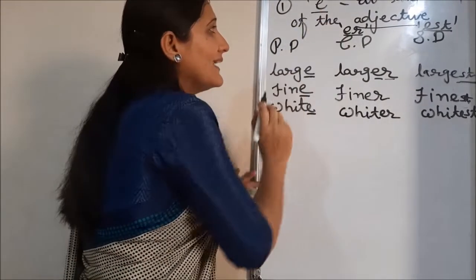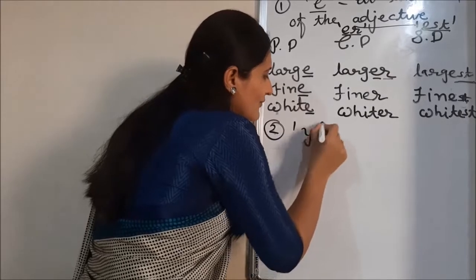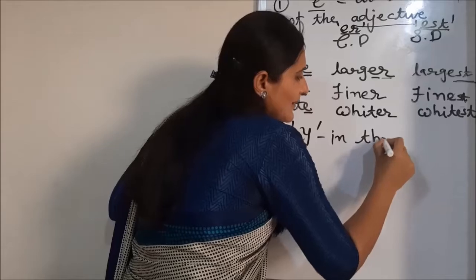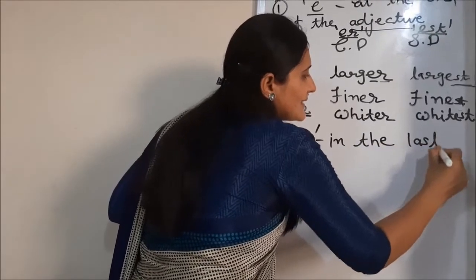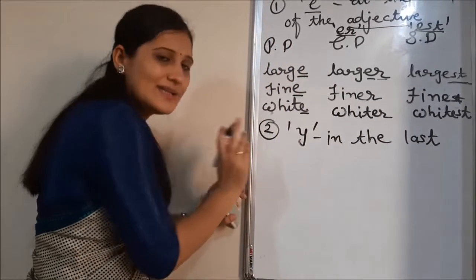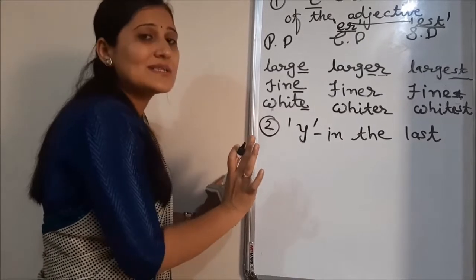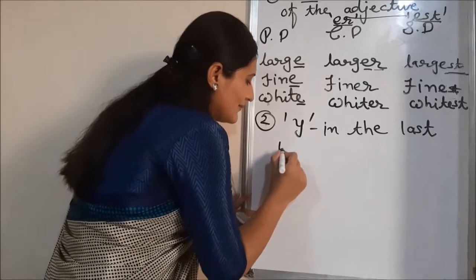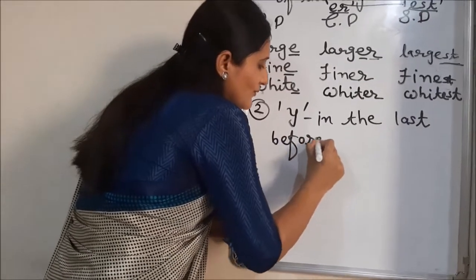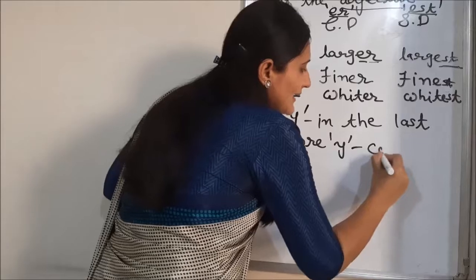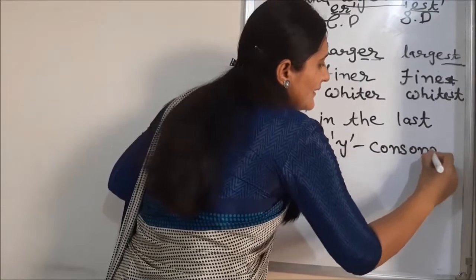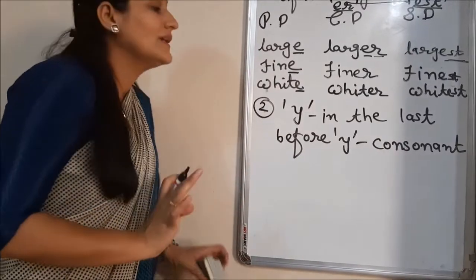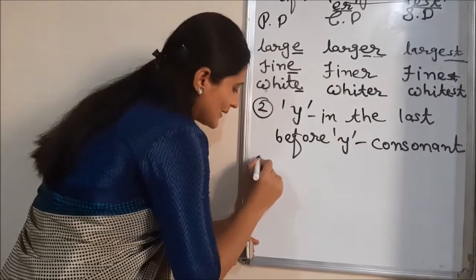Now, here Y is given. If Y is the last letter in the adjective, but only that we will not see. Y is given in the last, and before Y, if there is a consonant, just let me write an example like that.